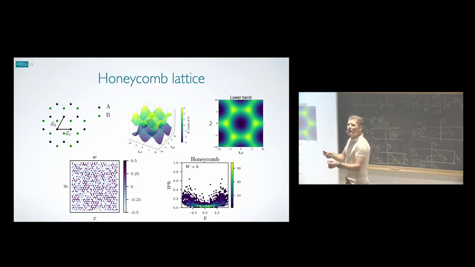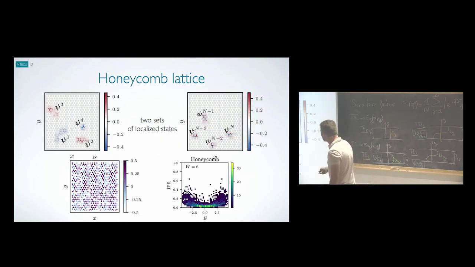It's a mark of localization. Close to 1, you have a well-localized state, and when it tends to 0, we have a delocalized state. And what we observe, as was known, is two sets of localized states, one at low energy.